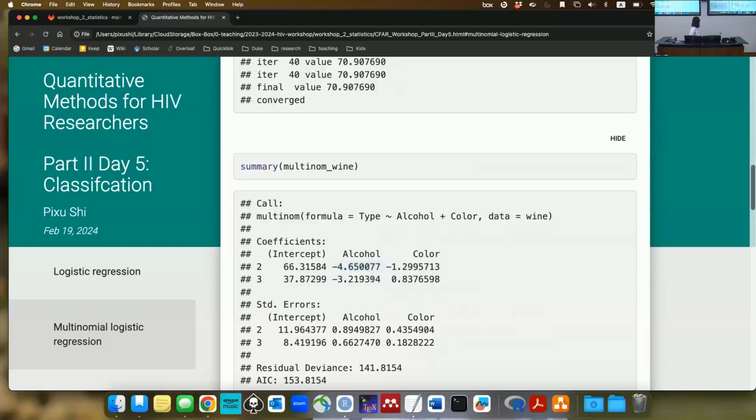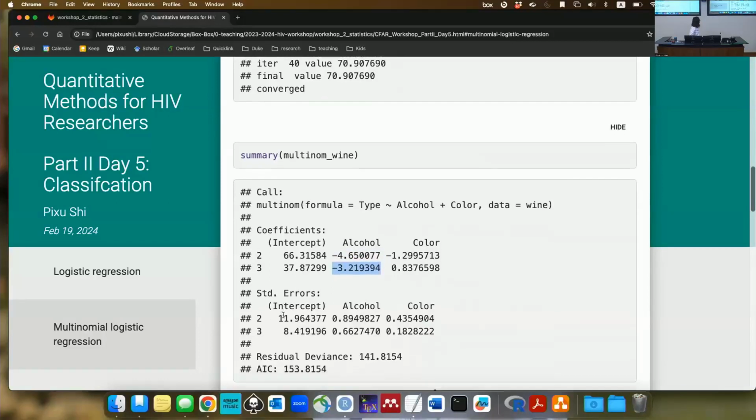And here, higher alcohol level is going to be associated with category 1 instead of 3. So the sign is still interpreted the same way. It's just how you interpret the odds is a little tricky.